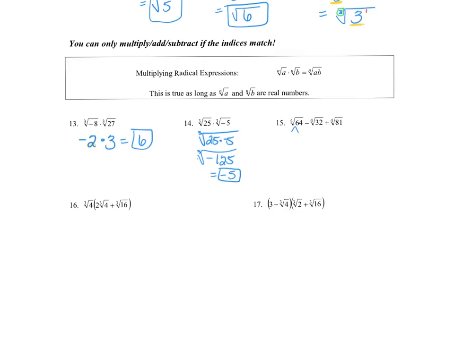So I can break up the 4th root of 64 into a perfect 4th root of 16 times the 4th root of the missing piece, which is 4. That's my not perfect. So the 4th root of 16 is 2. The 4th root of 4 is not perfect, so it hangs out at the end. Let's move on to the next term.